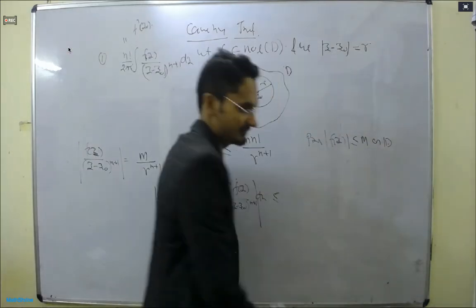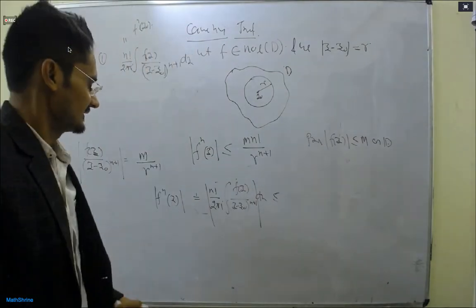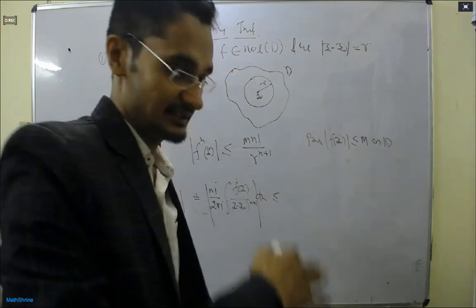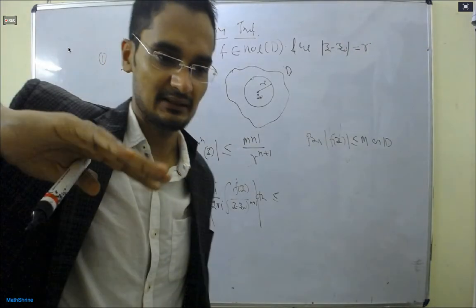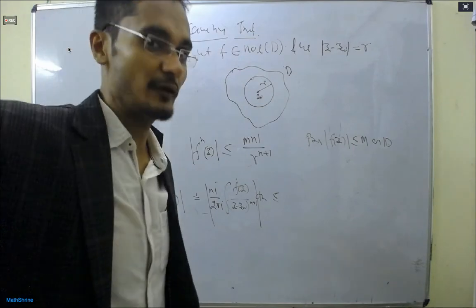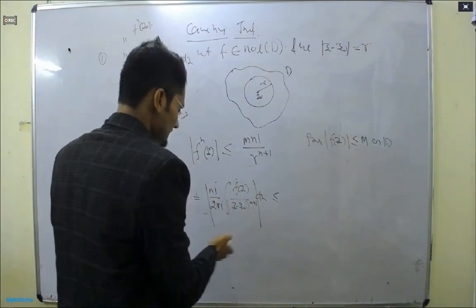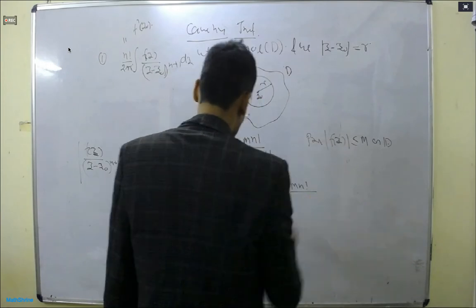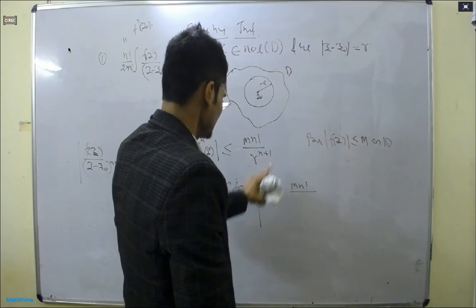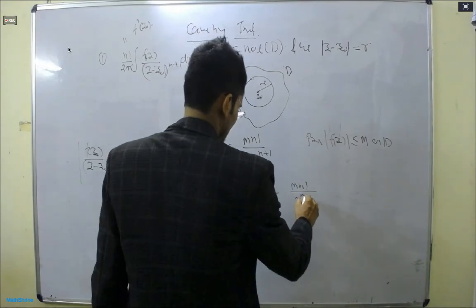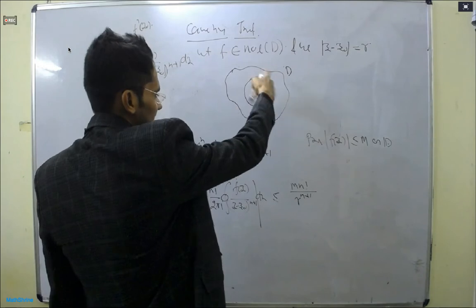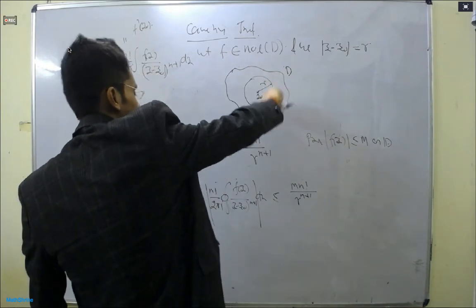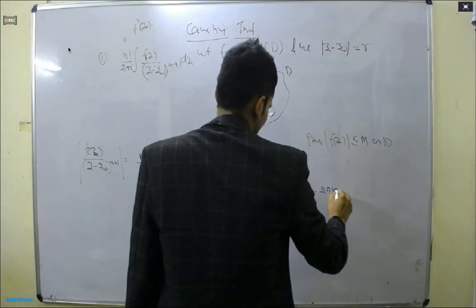So we applied this, what will you get, tell me. This will come out as M n factorial upon r power n plus 1. This whole integration over this region: what is the perimeter of the circle? It is 2 pi r. So it will come out less than or equal to M n factorial upon r power n.